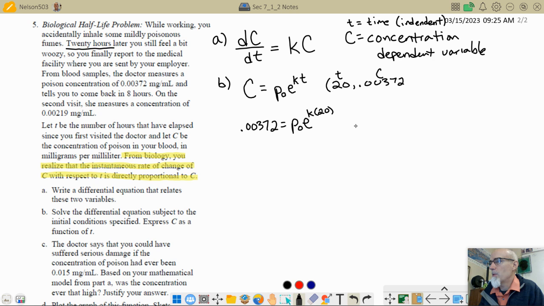So let's put another ordered pair down. If I go 8, comma, what's the concentration level then? 0.00219. Okay, so now 0.00219 equals P sub 0 e to the k times 8. Now this one's a little different because we didn't know what the initial concentration level was. So this one's going to be a little bit trickier to solve.